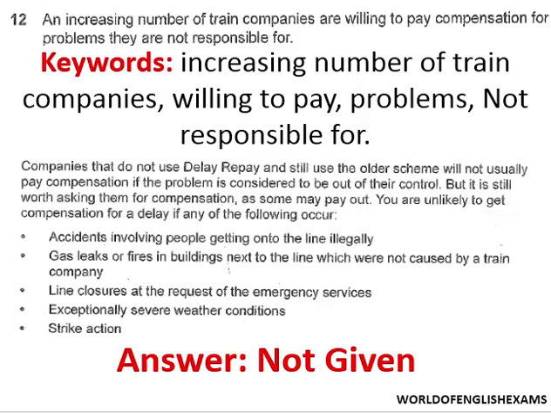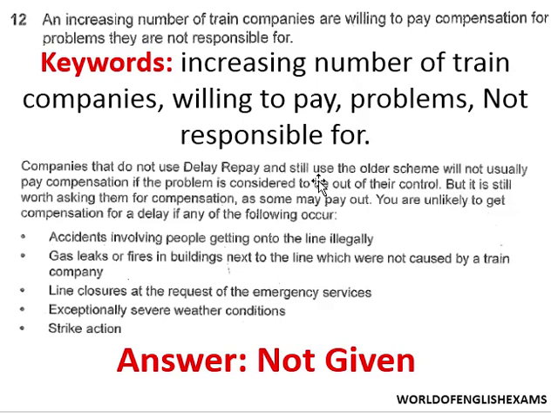So they are telling that some of them may pay. What is the meaning of may? There is a chance, but did you find anything related to whether there is an increase in the number of train companies, or whether more and more companies are adopting this? No, you may get the payment, you may not get.